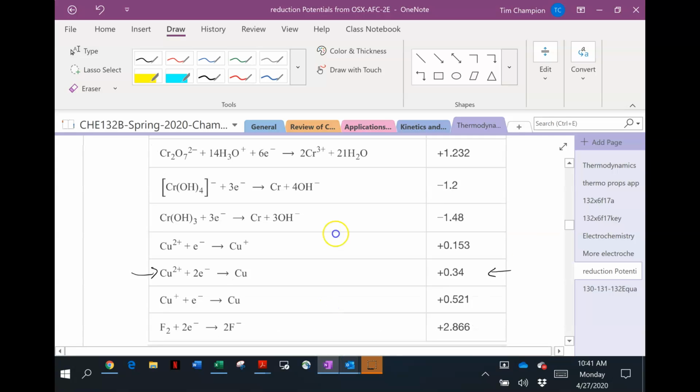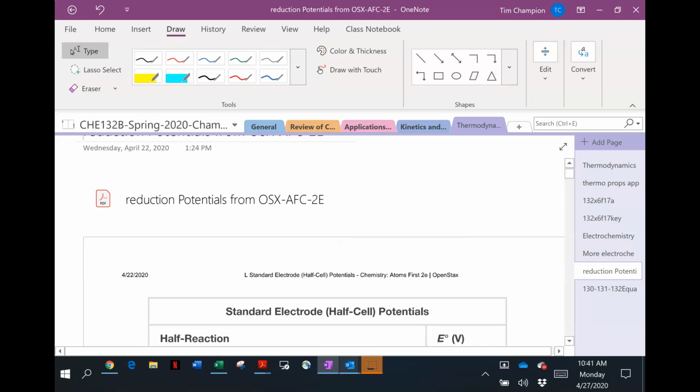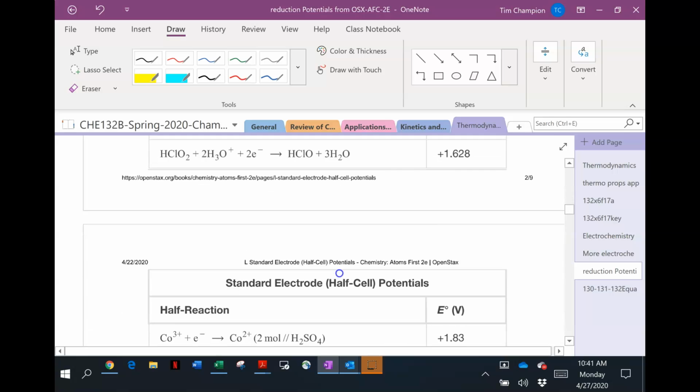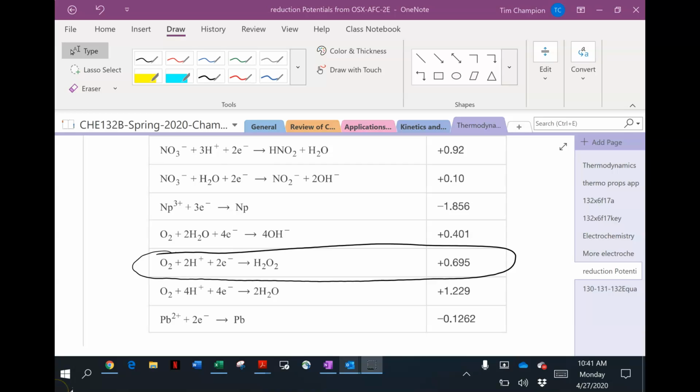Not seeing it on my end. I'm going to pause for a second. All right, since oxygen is a product of an oxidation process, I'm looking for oxygen as a reactant here. So instead of looking under water, I had to look under oxygen. And so that value is 1.229.